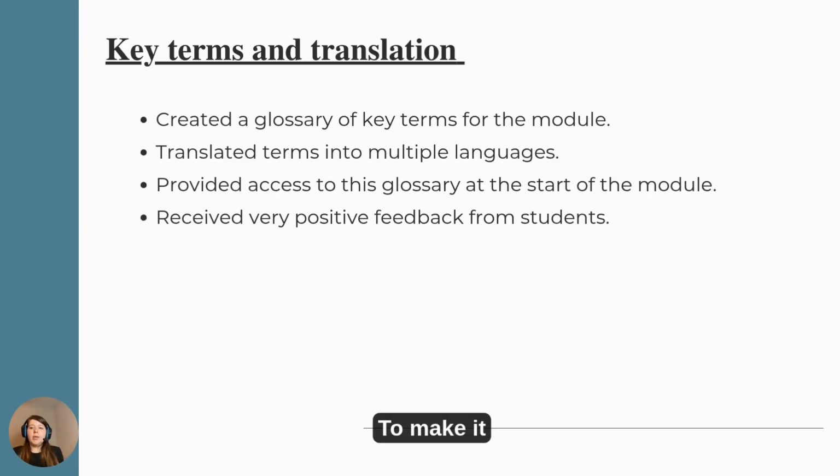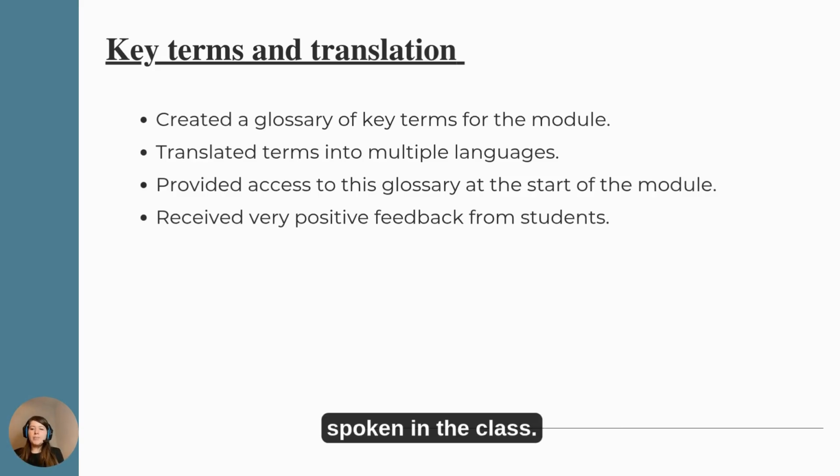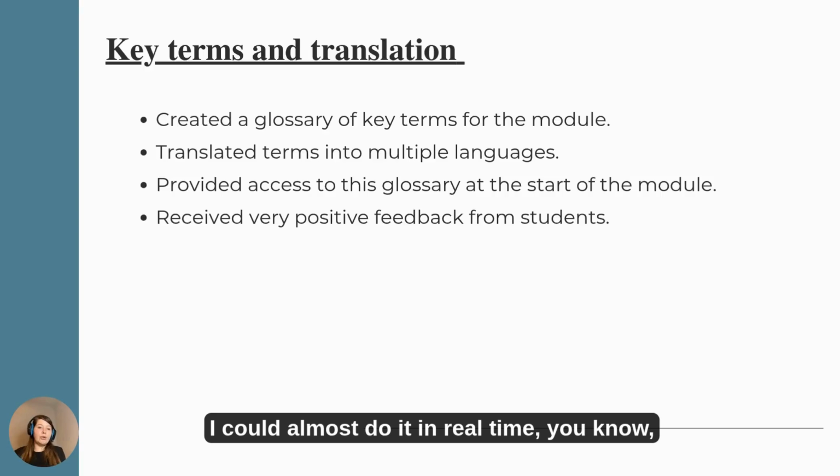To make it accessible for the students, I used AI tools to create the key terminology in different languages. For example, Portuguese, Spanish, Mongolian, depending really on the languages spoken in the class. And because I already knew my students' profile, I could almost do it in real time, because I knew the countries they were coming from and the languages that were spoken.